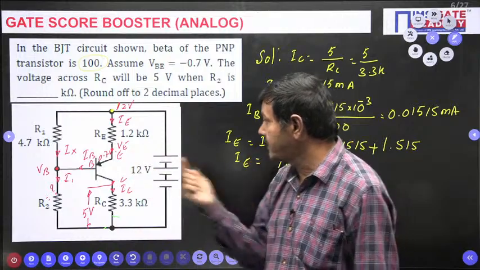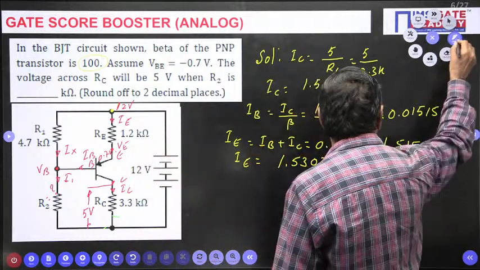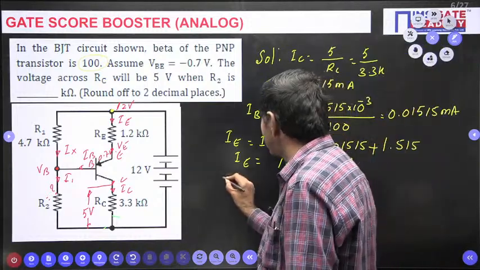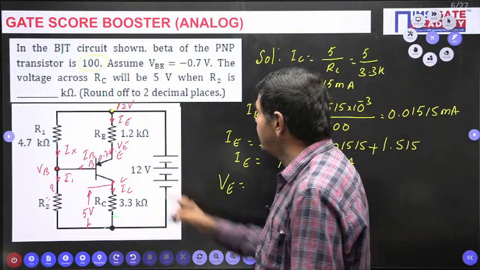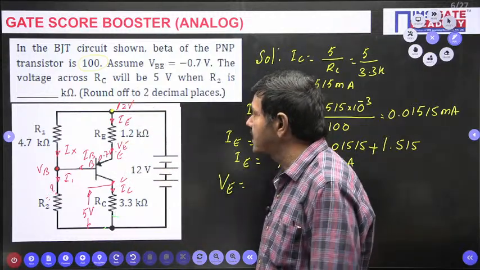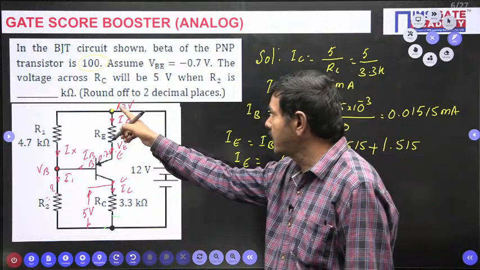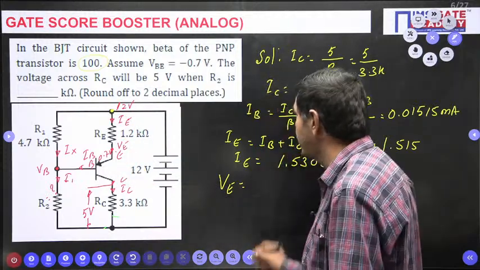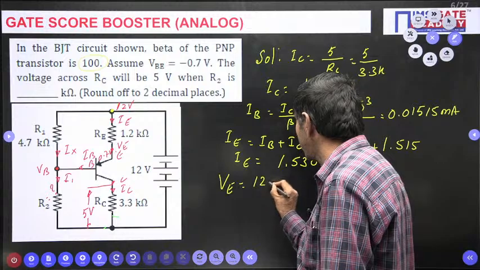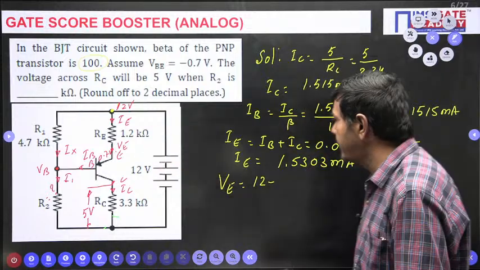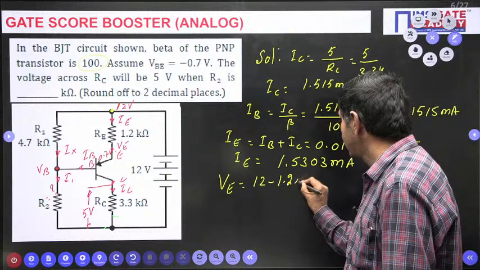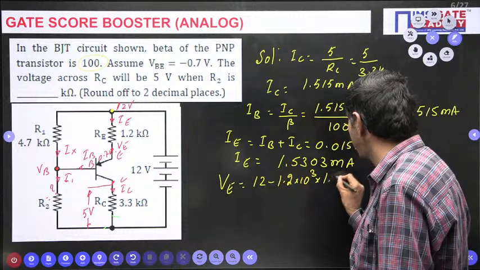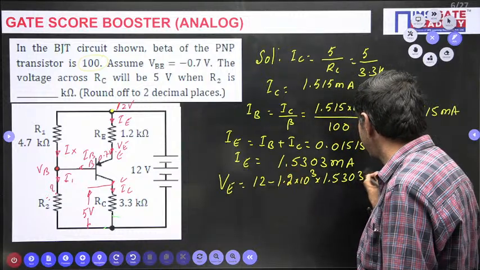Now we can find what is VE. Emitter voltage is the supply voltage 12 volts minus the drop across this RE. I can write VE is nothing but 12 minus the drop across this RE, 1.2K, 10 power 3, into IE, where IE is 1.5303 milliamperes.